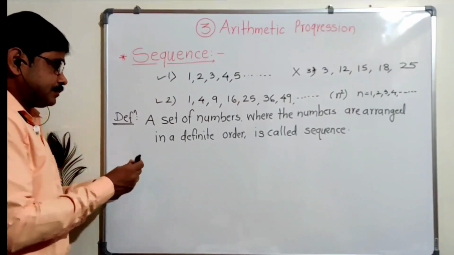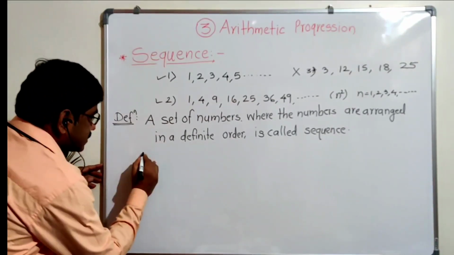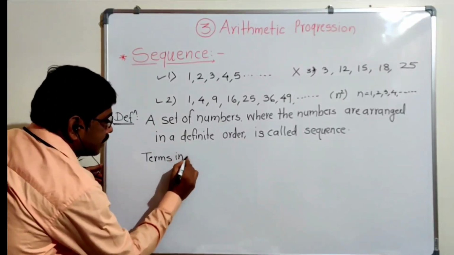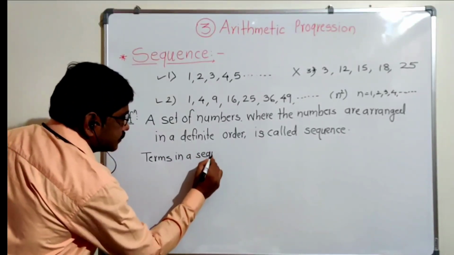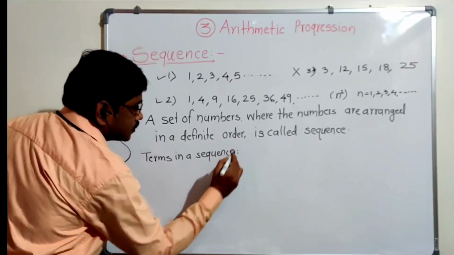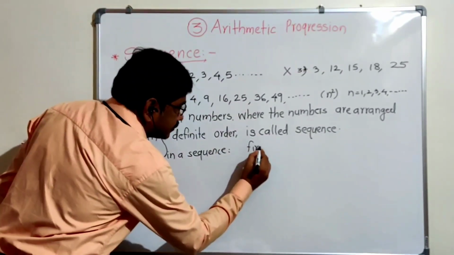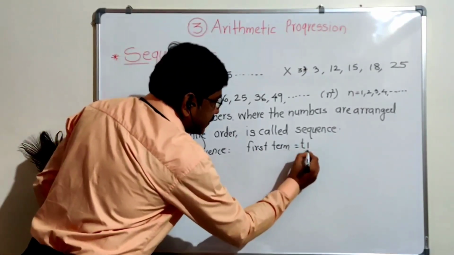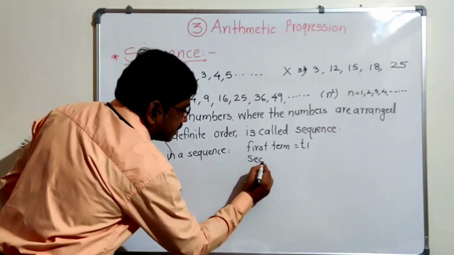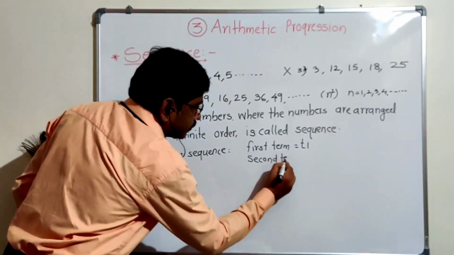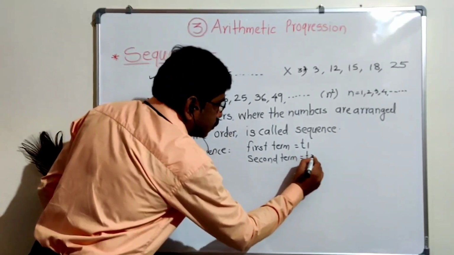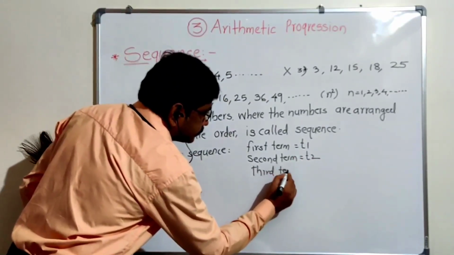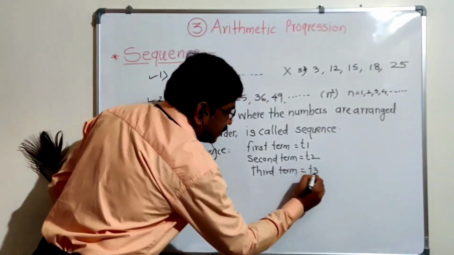Now terms in the sequence. Next point is terms in a sequence. For example, here the first term is T1, then the second term T2, third term T3, like this.